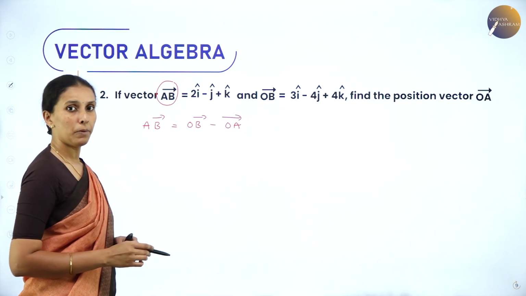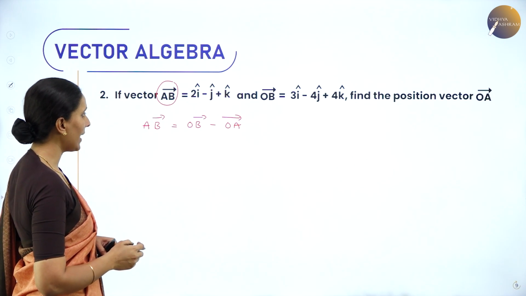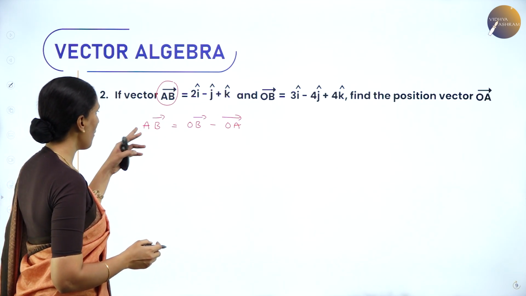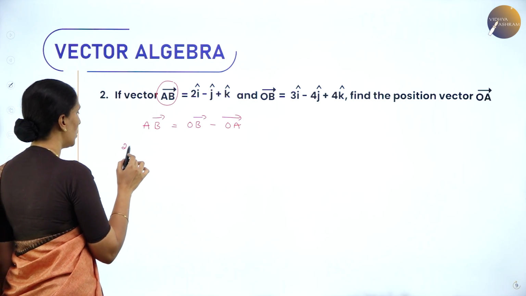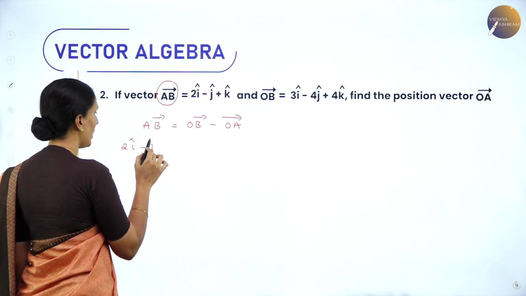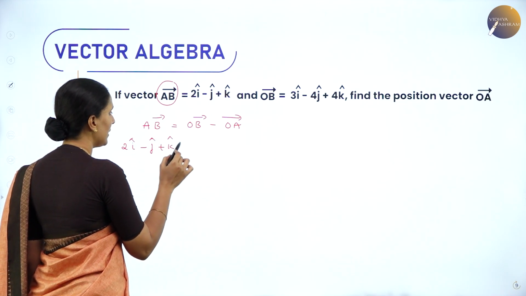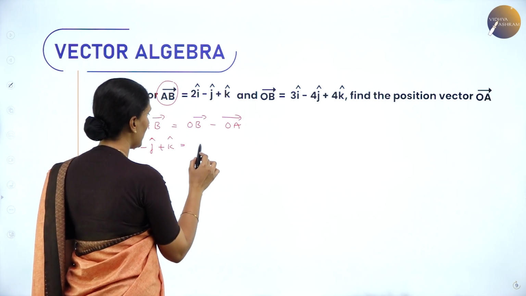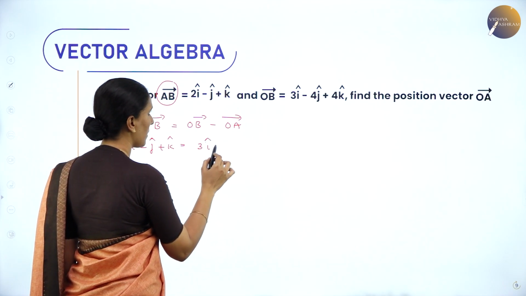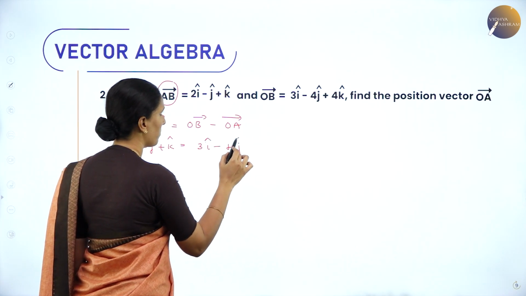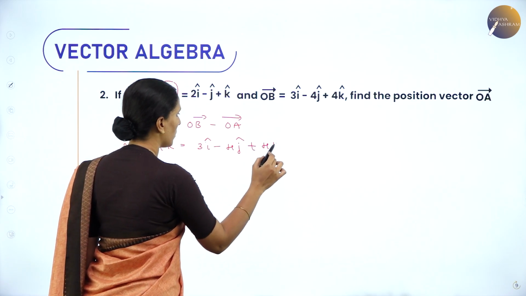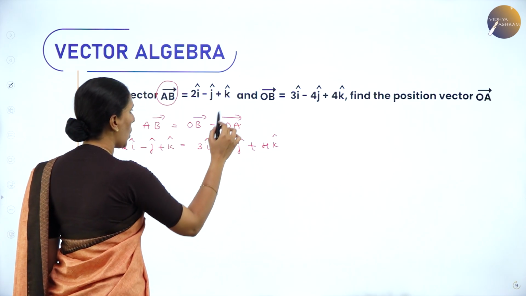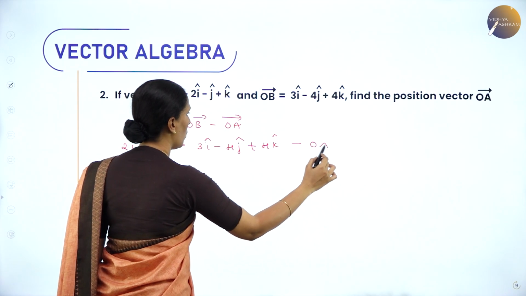Vector AB is 2i minus j plus k, and they have given vector OB, that is 3i minus 4j plus 4k. Now I need vector OA here.